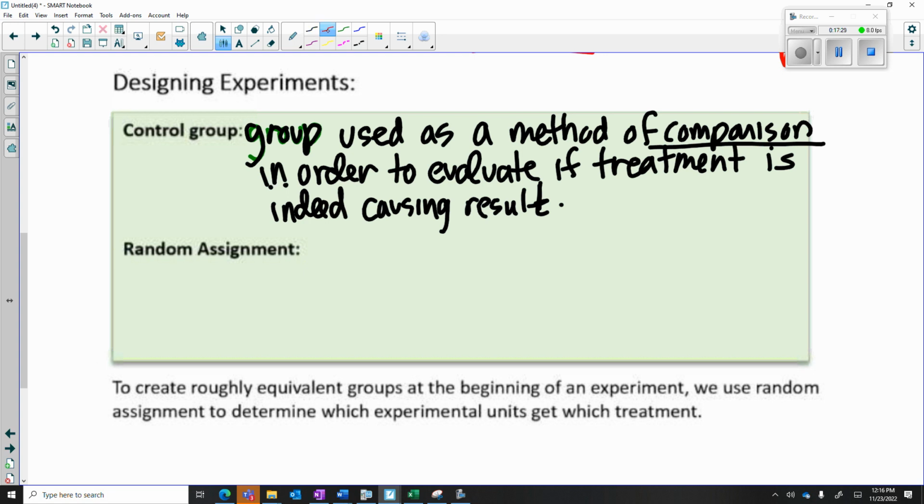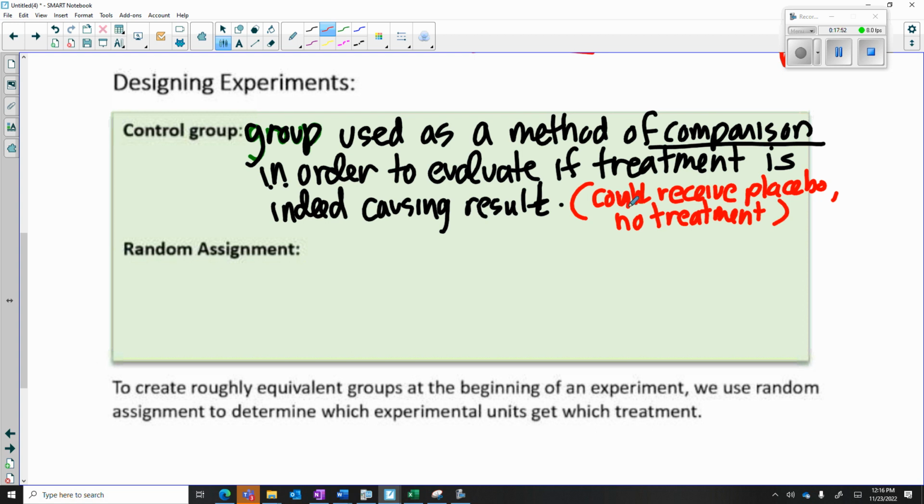So that control group could receive a placebo. They could receive nothing at all, no treatment at all, or maybe they could receive something like a standard formula, like if you're talking about shampoo, new shampoo, old formula shampoo.